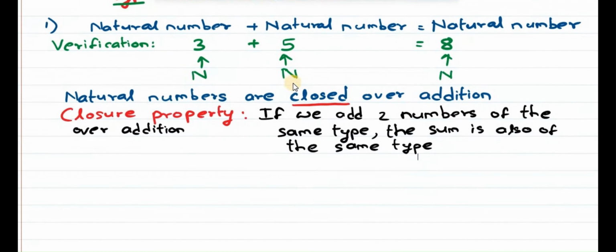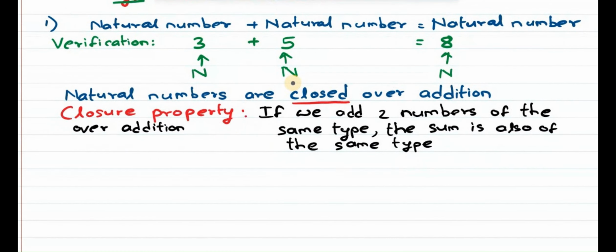Let's try to extend this idea to other types of numbers which we have already done. So we have our first conclusion that yes, natural numbers are closed over addition.